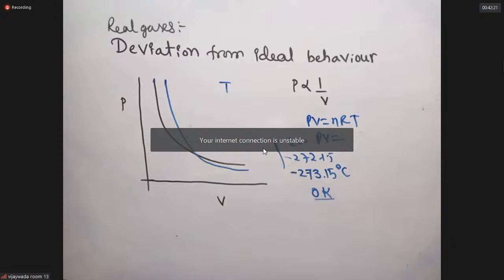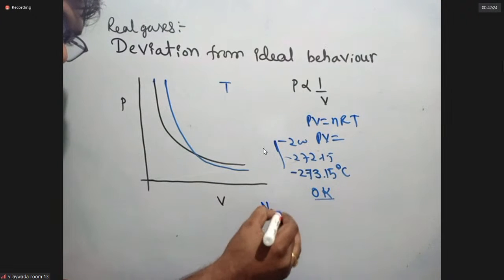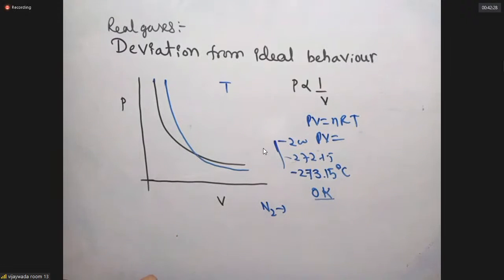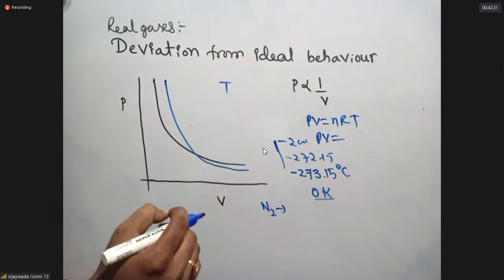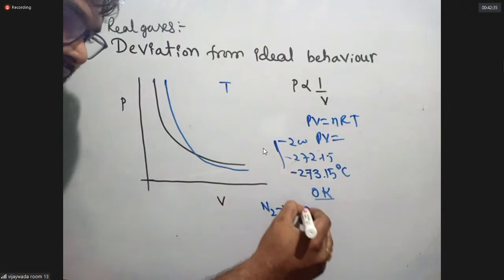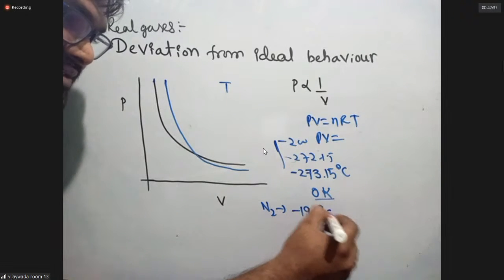Okay, but nitrogen is the gas having the very lowest boiling point, and that is minus 196 degrees Celsius.